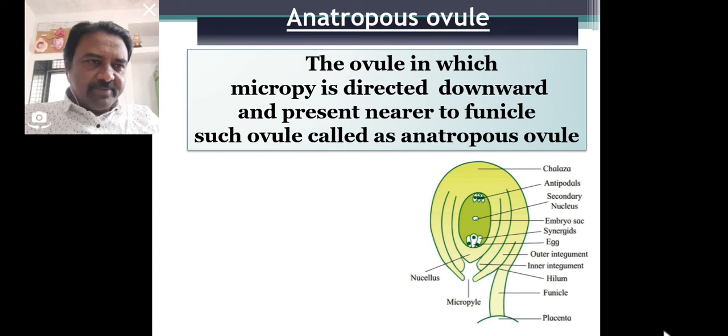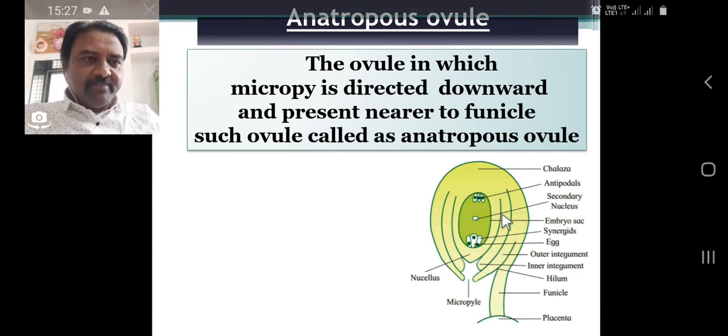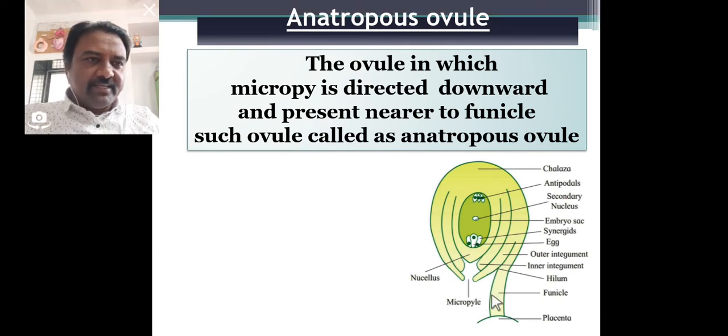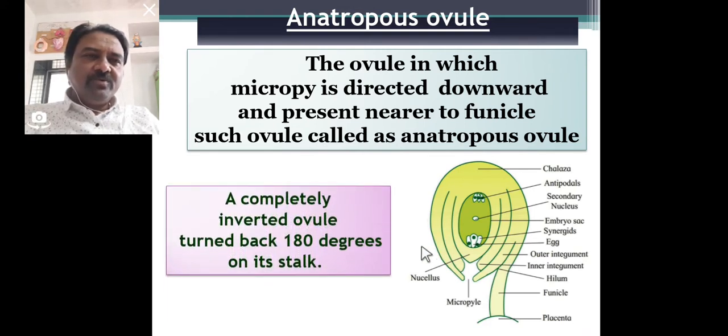Here we completely see the micropyle and funicle are near. Such an arrangement of ovule is known as an anatropous ovule. Also, a completely inverted ovule turned back 180 degrees on its stalk is also called an anatropous ovule.